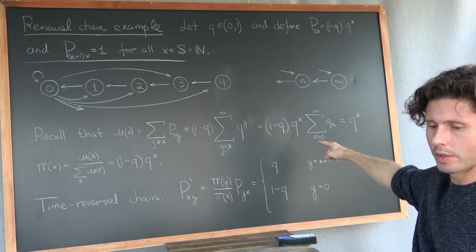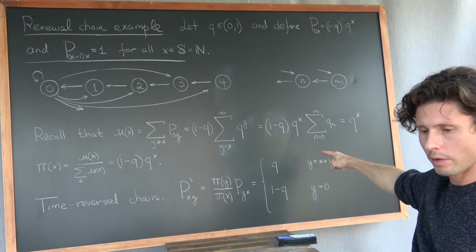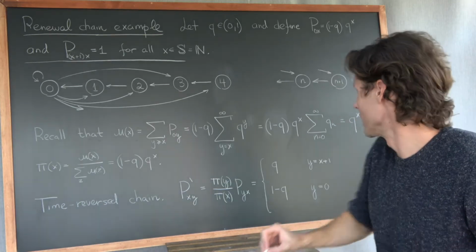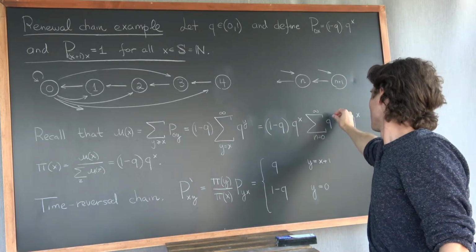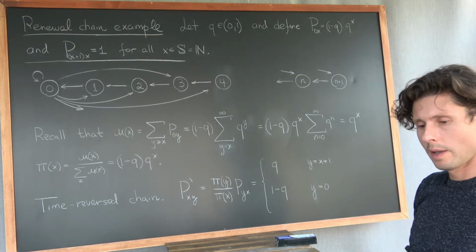The reason I do this is to set up a geometric sum that runs from 0 out to infinity. So this is q, that looks like a typo, that's a q raised to the nth power, so that looks more correct.